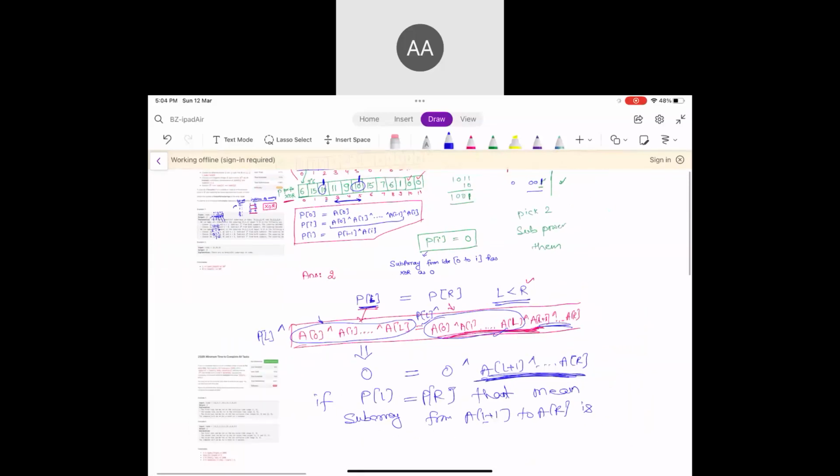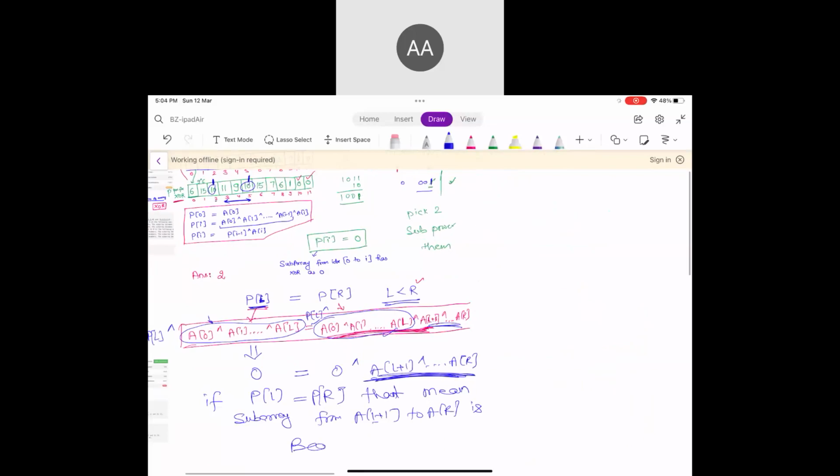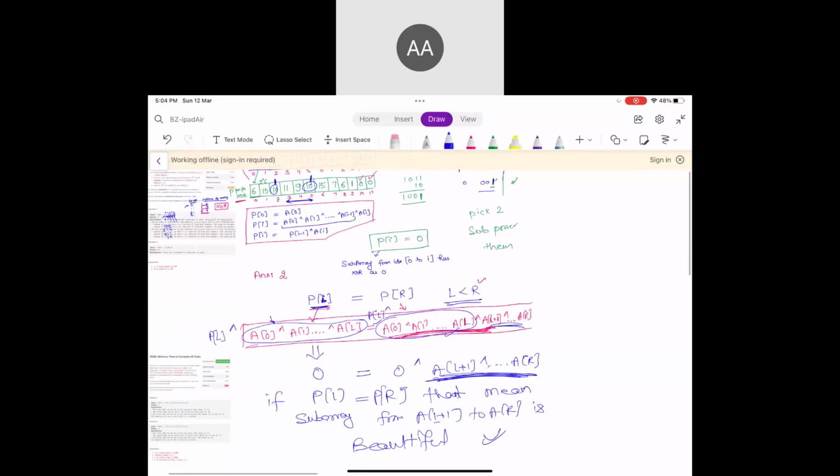Is that right? Is this conclusion making sense? Yes. So ultimately, we are talking about these two things only from the prefix array.